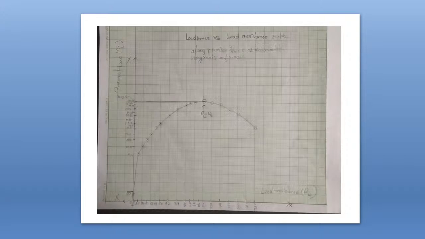On the other hand, load power initially increases with load resistance, but after reaching a maximum value where RL equals RS, the load power decreases.